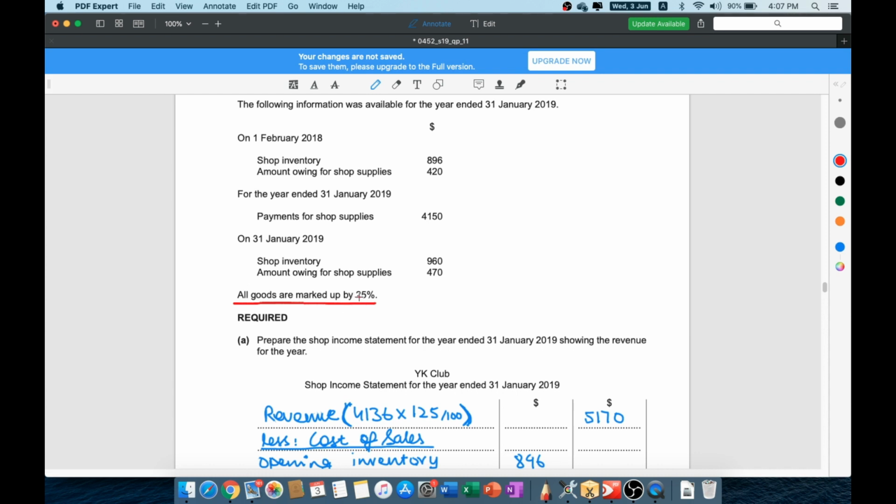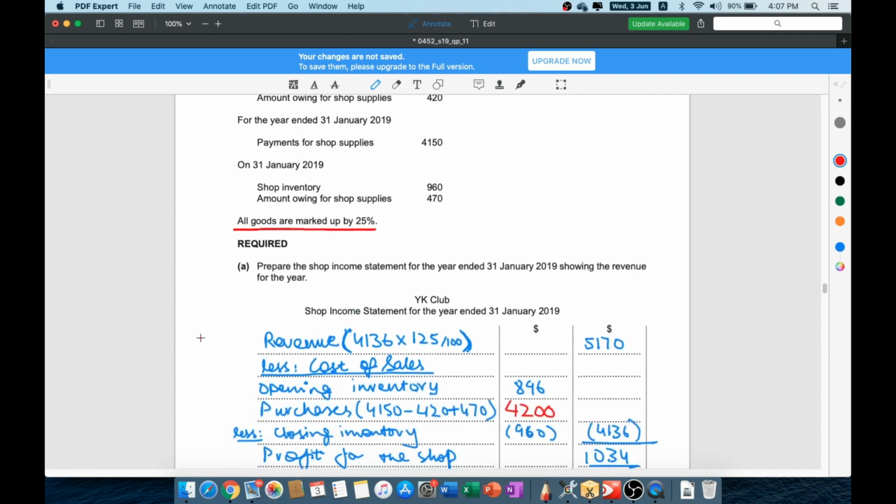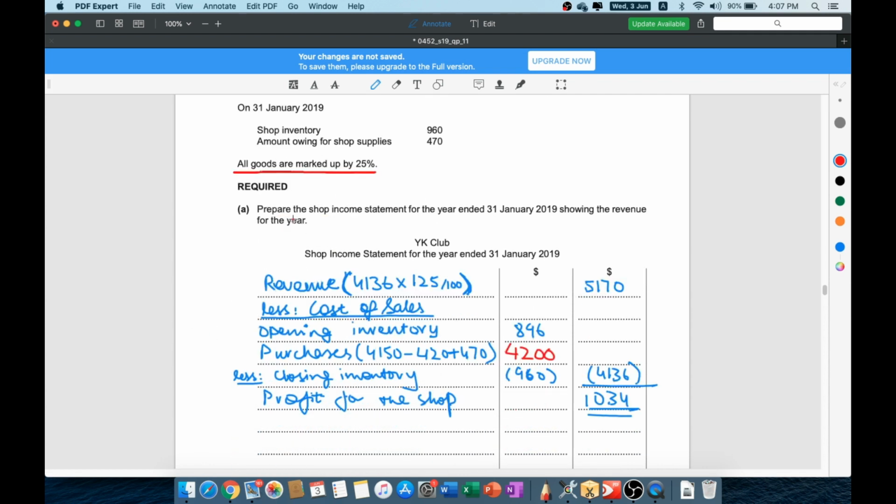So that means that they sell all the goods at 25% above what they cost the business, right? So that means that the sales are 125% of the cost.